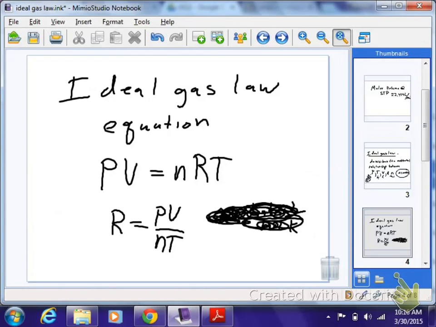You want to write that down. This will be given on your test, where you have to use the ideal gas law to solve. It says if you take the pressure and the volume and get the product, it will always equal the moles and the temperature times a constant, R.